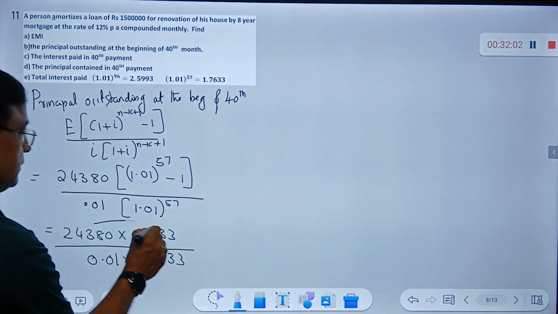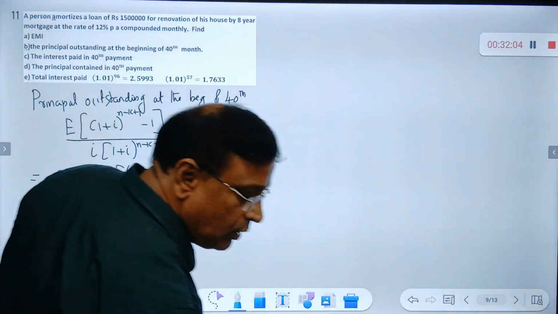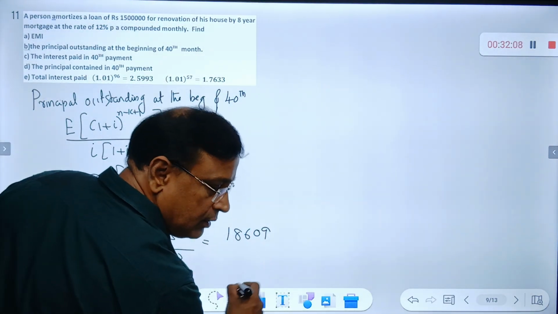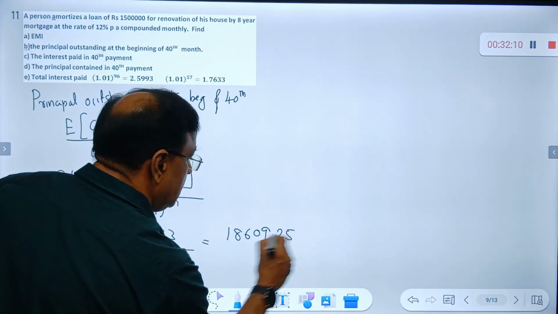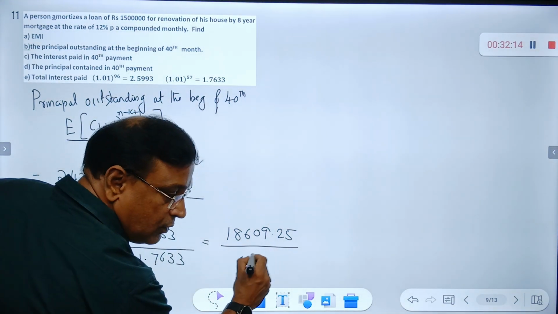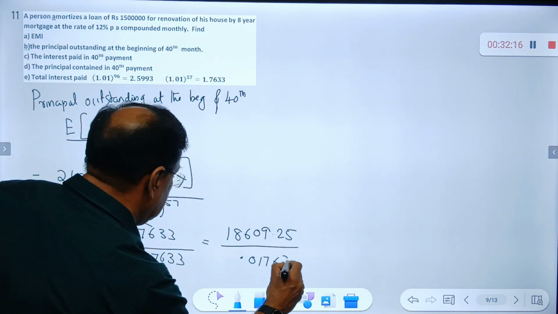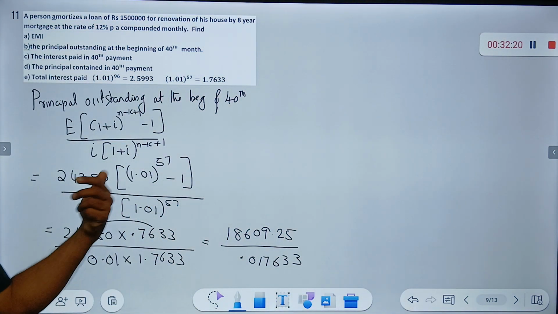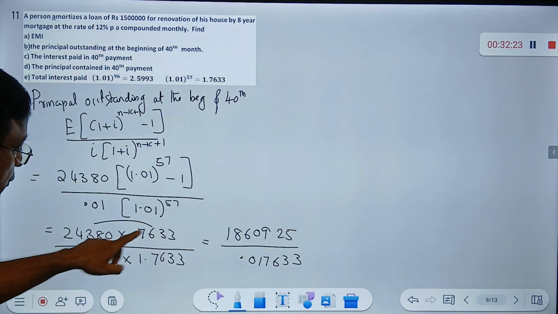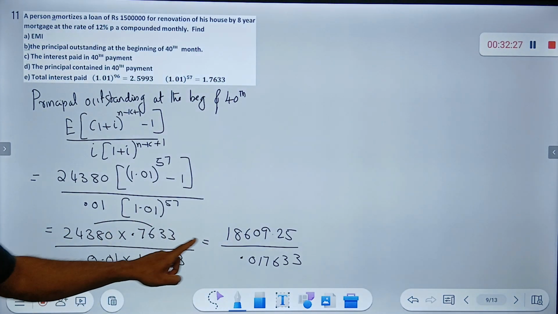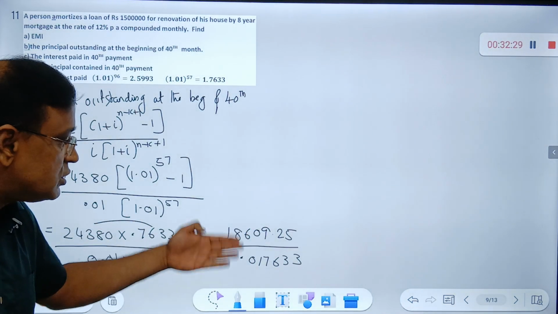So if you multiply this, I am getting 18609.25 divided by 0.017633. I prefer you take log directly. It will take time for me to refer the log now. This multiplication is not going to be that easy. So anyway, I have multiplied. You can cross check this.